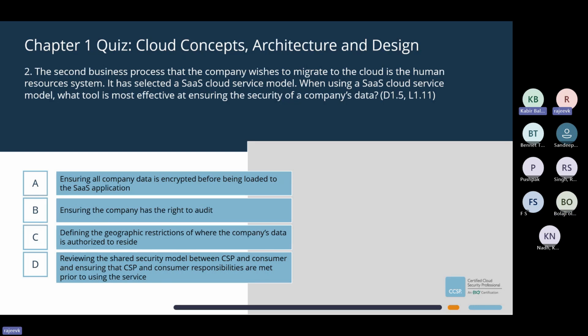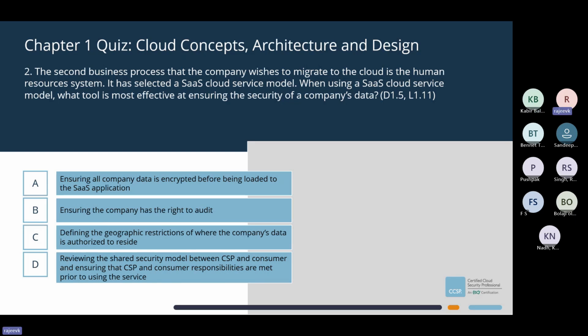That's the only tool. But I think it's D, because A only talks about one aspect of security of the data. But we also need to make sure that when data resides on the software on the cloud, it's protected from the other aspects as well. So D seems to be the most right option over here.